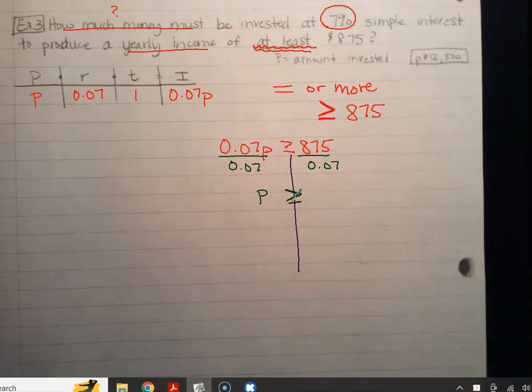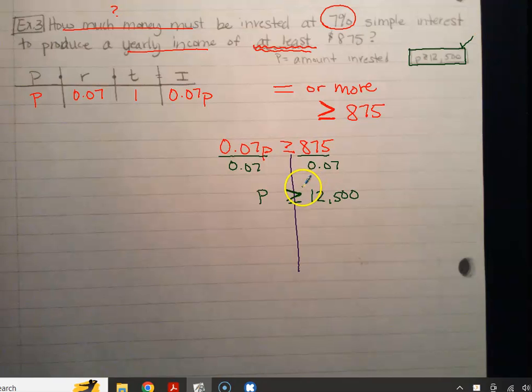Hopefully you brought your calculators today. Okay, you should have gotten 12,500, which I put up here in this box. If you do it correctly, you should get that P is greater than or equal to $12,500.